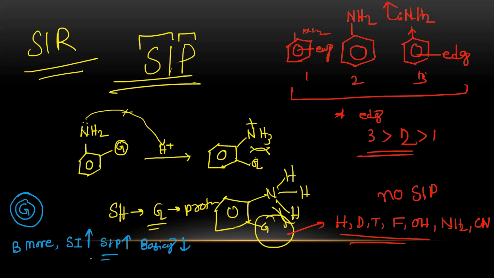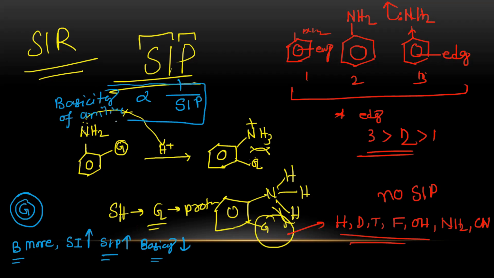So more the SIP, more the bulky the group is, lesser the basicity. So what we can conclude from here is steric inhibition of protonation is basically inversely proportional to basicity of aniline. So basicity of aniline is inversely proportional to steric inhibition of protonation. I hope this is very much clear to you.